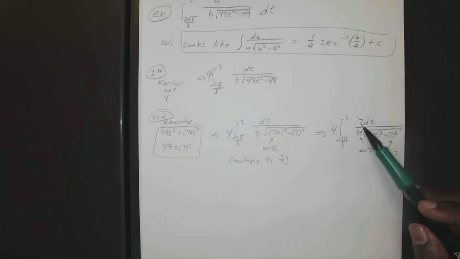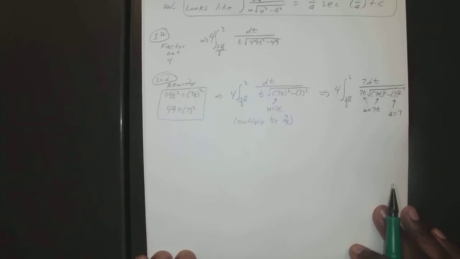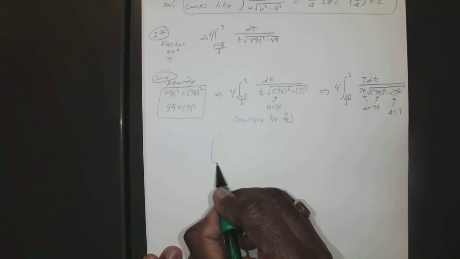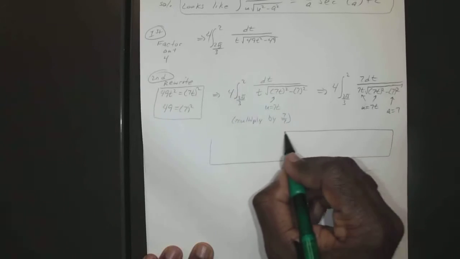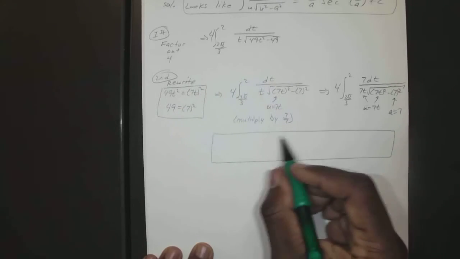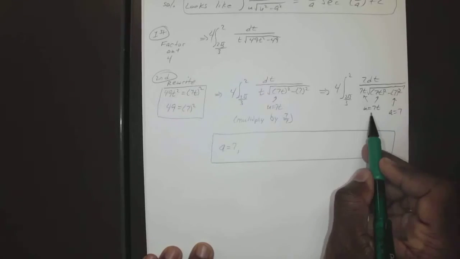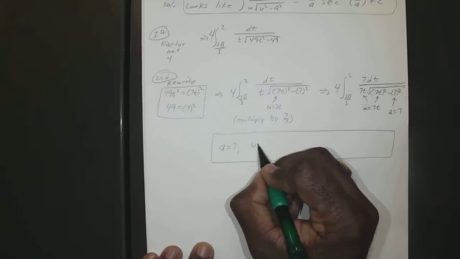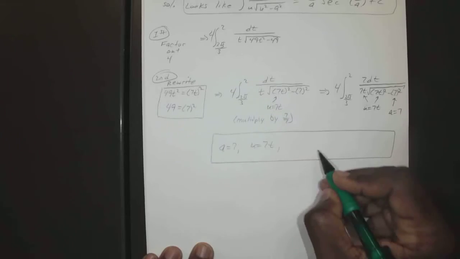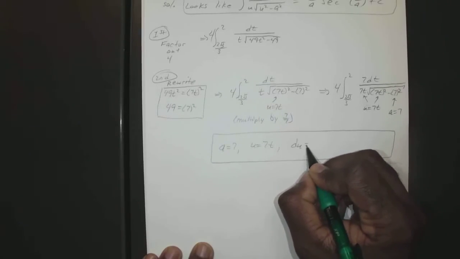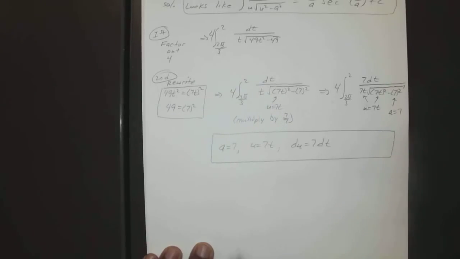Now this 7 dt, I'm going to leave the 7 up here instead of bringing it out front, and you'll kind of see why. Okay, so we know our a is equal to 7. Our u is equal to 7t. So our du is going to equal 7 dt.